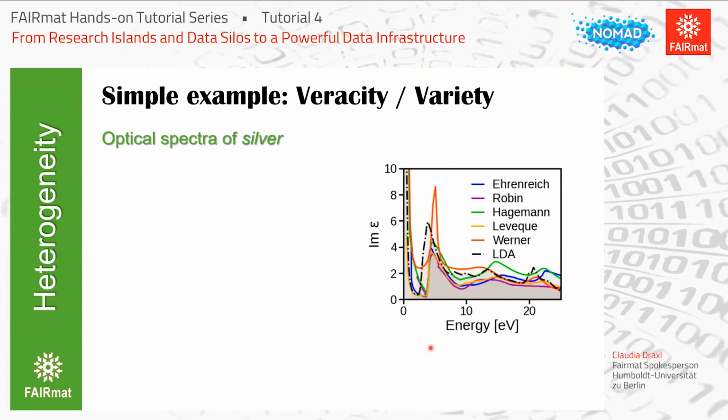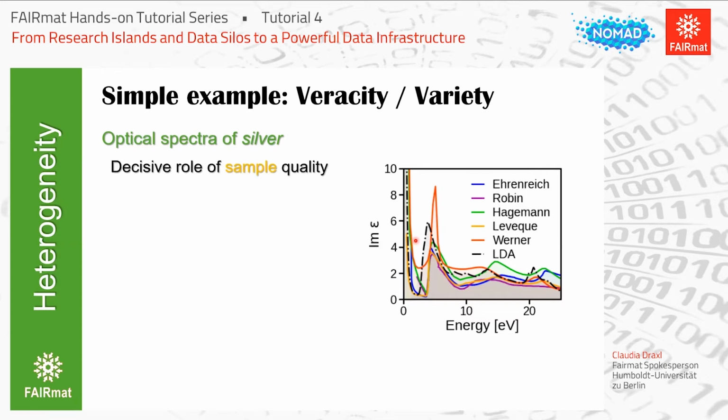And optical spectra are a pretty simple two-dimensional plot. But if you just look at this without going into details, you see we are not in the best possible world. There are a lot of differences, and they have different sources.